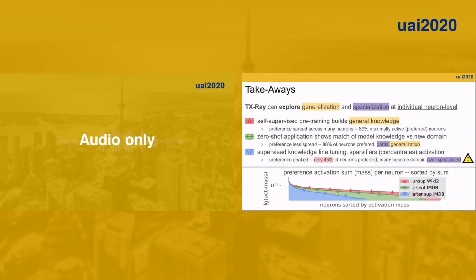In the zero-shot application of this pre-trained knowledge, we see that 88% of neurons are active, so it's almost the same, but the overall activation mass, this area, is a bit less. So we see a partial generalization to the new data.